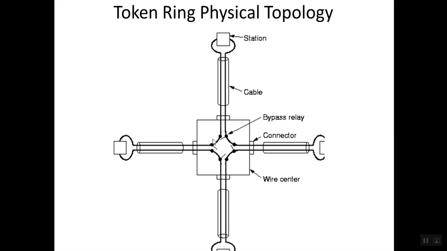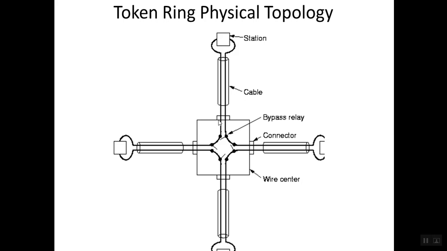You can see there are bypass relays in the wire center, and these bypass relays are activated by the current from the station. So if a particular station is powered on, the bypass relay will be activated, the data from the ring can be transferred to the station, and the data from the station can also be transferred to the ring, and it will flow like this.